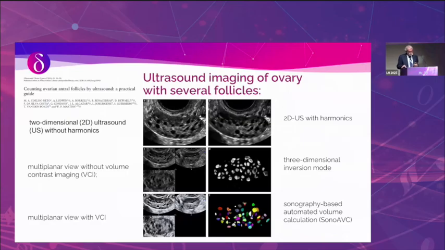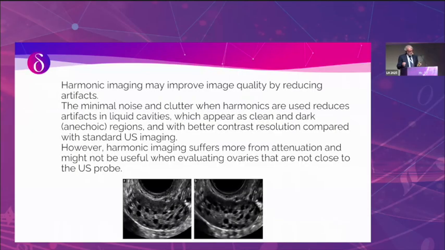But I suggest using some tools. For example, the second harmonic is important. In some cases the use of volume contrast imaging is also important. Multiplanar, for some people, is just a little confounding. But absolutely, the harmonic image is fundamental because it reduces artifacts.